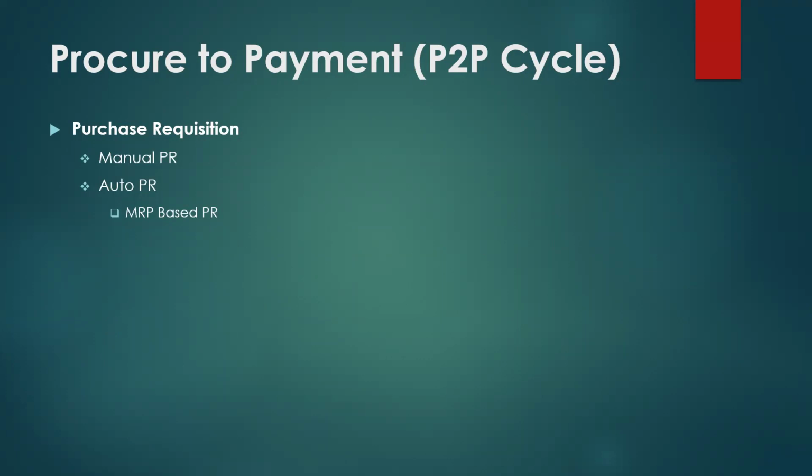Once the purchase requisition is done, the next step is the vendor selection process. Whether it is manual or auto depends upon business requirements. Vendors can be selected based on quality, cost, and delivery terms and conditions.